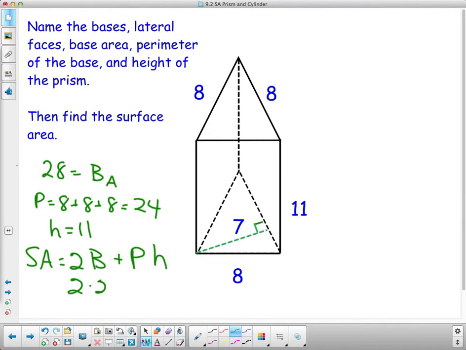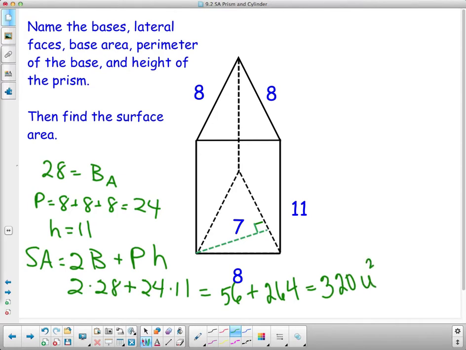So 2 times 28 and then 24 times 11 to get all the rectangles going around. 2 times 28 is 56. 24 times 11 is 264. And when you add, it's 320 square units. So that would be the surface area.